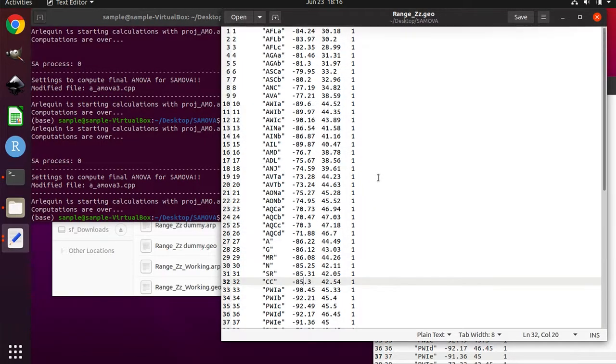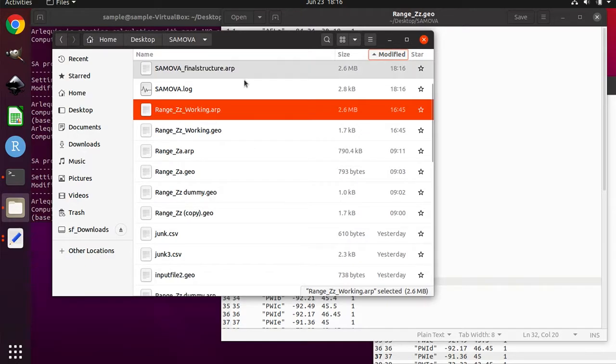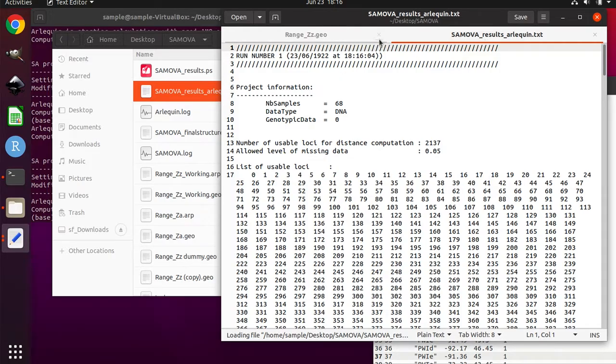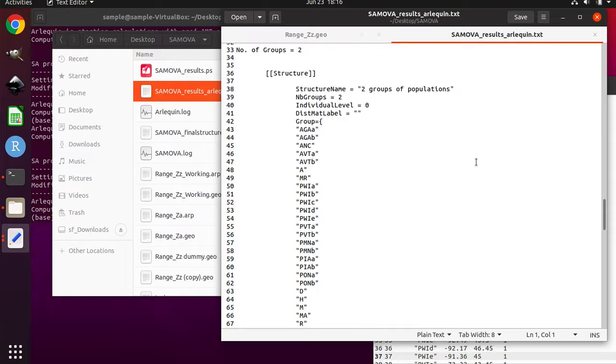And we can look at the results file. And we can see that it's not empty, that it ran. And everything is there. All of the results that we need are there.